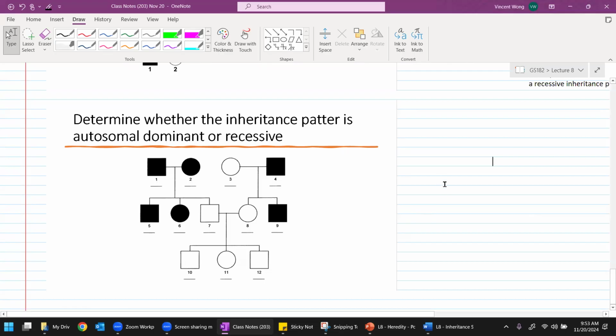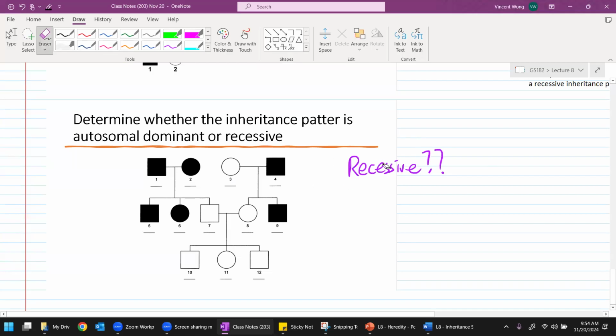Okay, let's take a look at this. Do you think this is dominant or recessive? Okay, let's say this is recessive. Is it recessive? Well, let's find out.